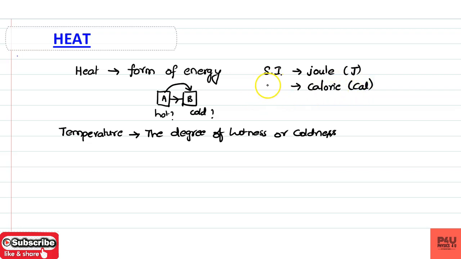So what is the relation between joule and calorie? 1 calorie is equal to 4.186 joule, which is approximately equal to 4.2 joule. 1 calorie is equal to 4.2 joule. So this is about heat, units of heat.